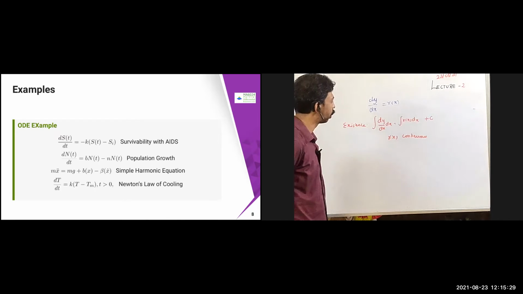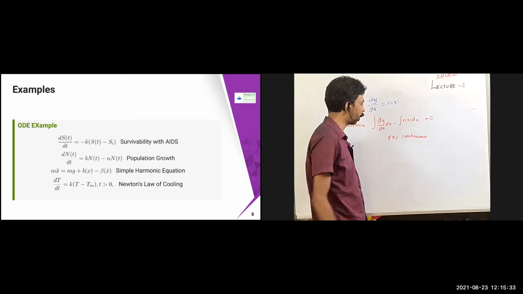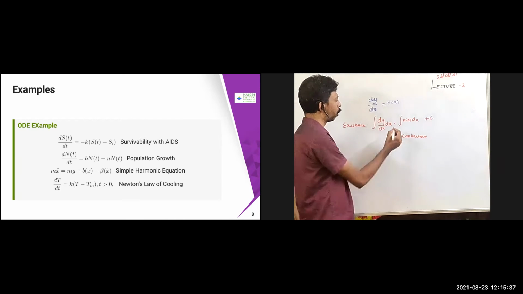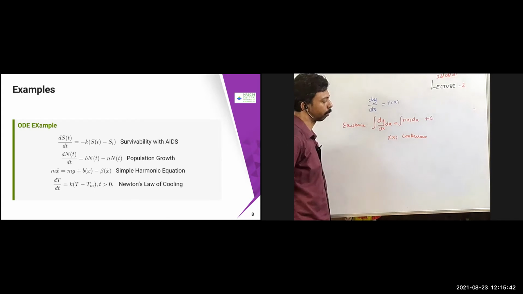Any idea? Which theorem? Could you state the theorem which is going to tell me that if r(x) is continuous, some analysis theorem which is going to give me the answer that the solution is going to exist, or the integral is going to exist? Any answer?